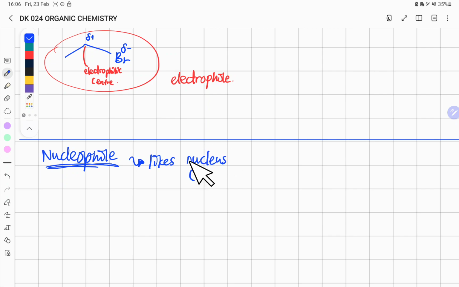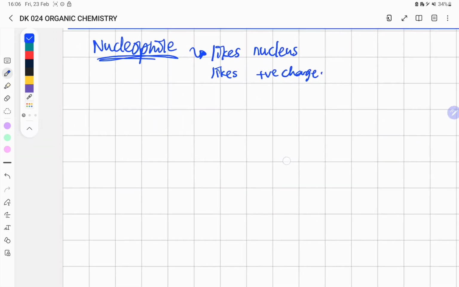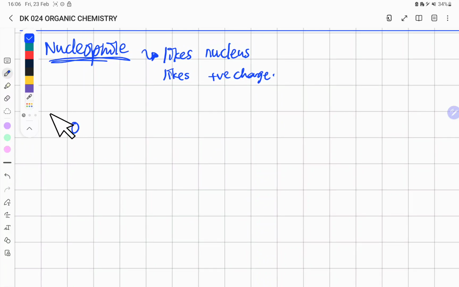Bermaksud dia suka positive charge. So contoh benda yang suka positive charge adalah benda yang ada charge negatif. So for example, I have OH minus. Okay. So apa yang berlaku, this OH minus, if I were to draw dia punya, I'll draw it as a complete Lewis structure. This is OH minus. Okay. So then the negative charge kat situ.